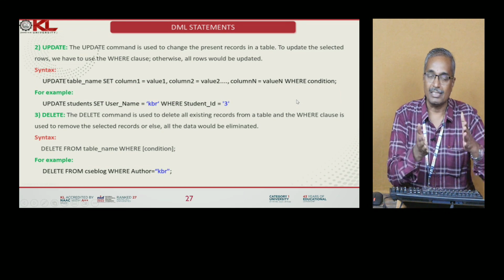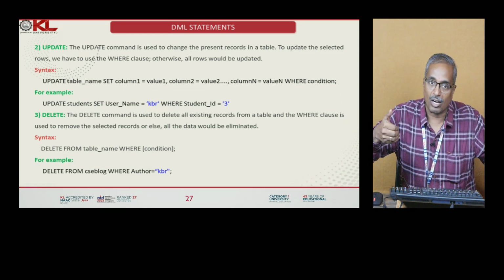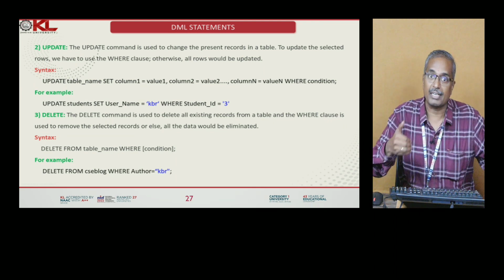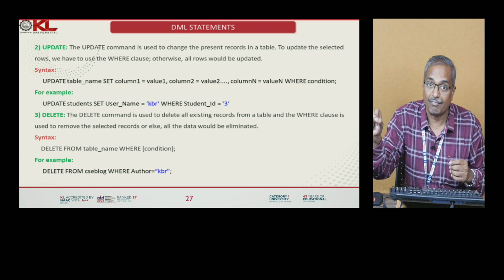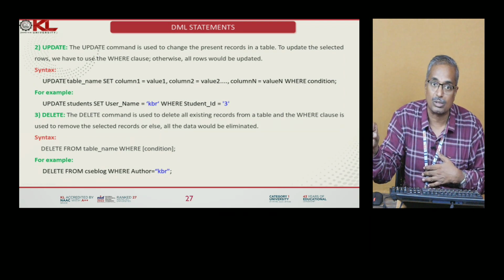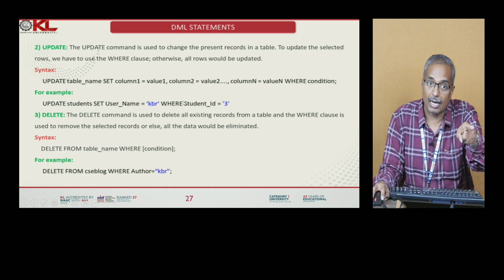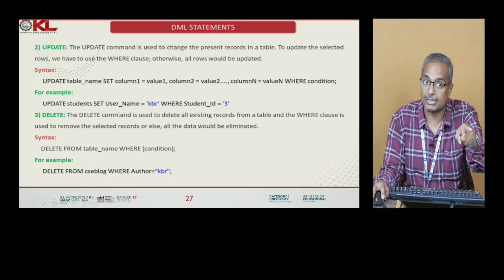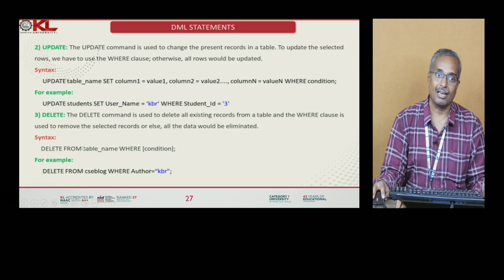The database table may have hundreds of records; out of hundreds of records, the record where the student ID equals 3 should be modified or updated to KBR. Under which column? The username column. Okay. This is the use of the update.